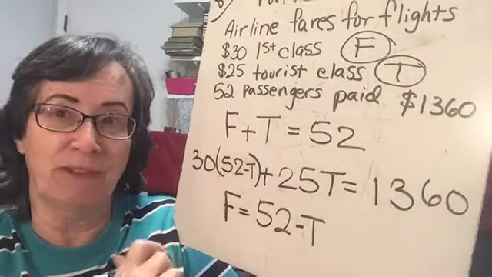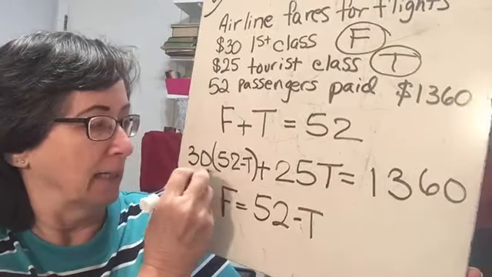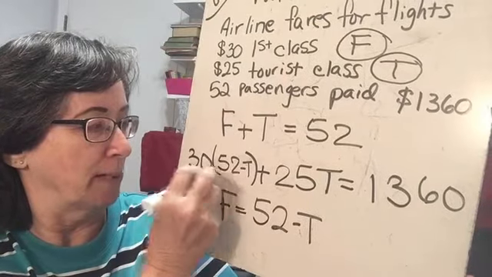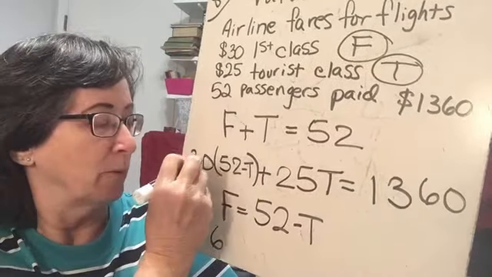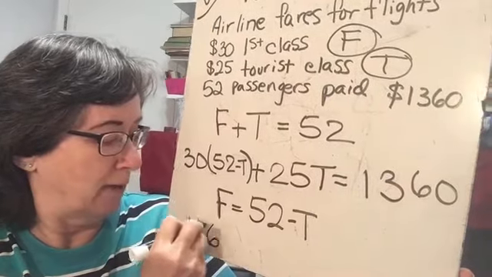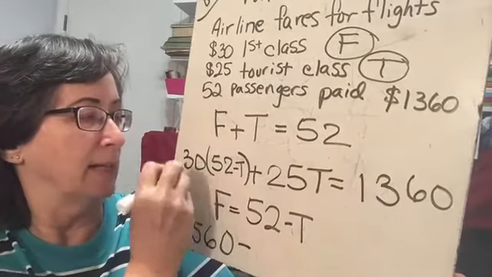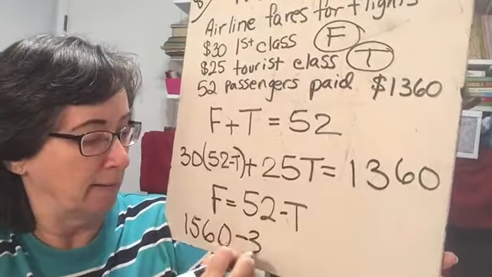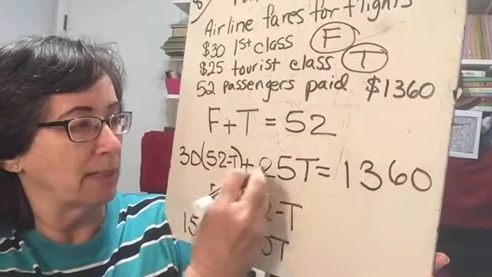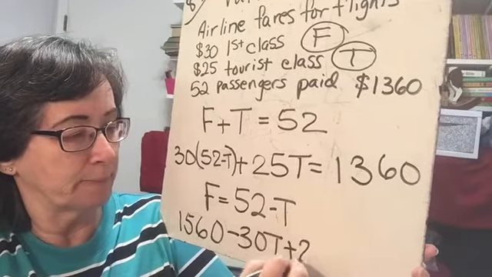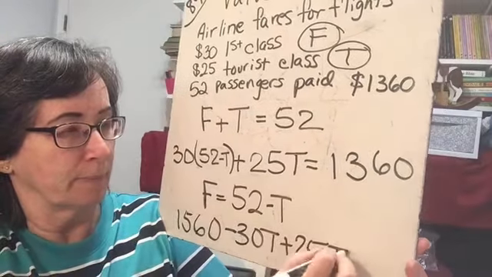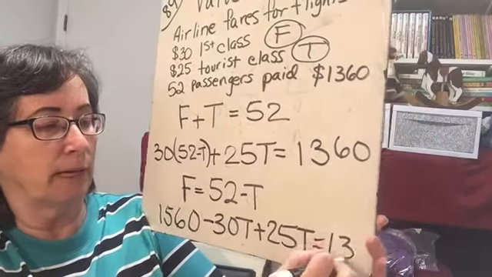30 times 52. Okay, well, I can tack on the zeros. So 3 times 2 is 6. 3 times 5 is 15. Tack on the 0. Minus 30 times T plus 25T equals 1,360.